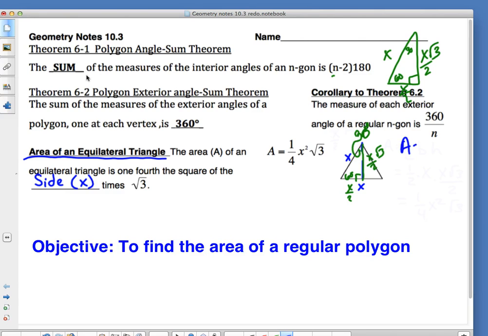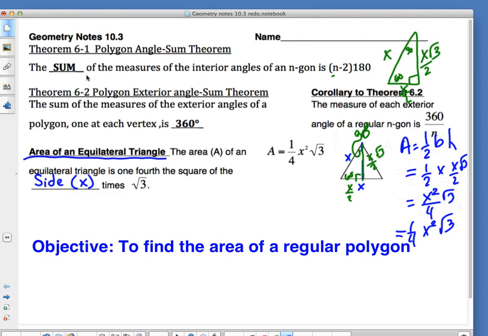Remember, area of a triangle, you knew back in the day, is 1/2 base times height. Well, my base is x. That's the length of, so 1/2 x. My height is x divided by 2, the square root of 3. Well, check it out. If I get things together, or if I show it this way, I got 1/4 x squared, the square root of 3.